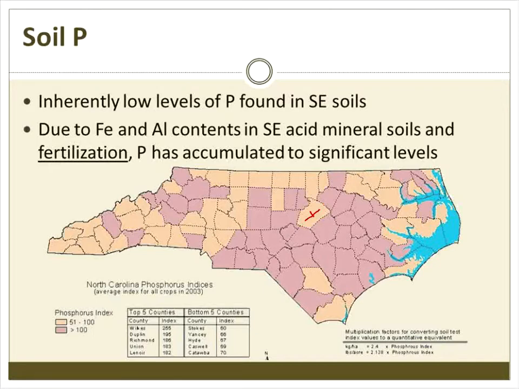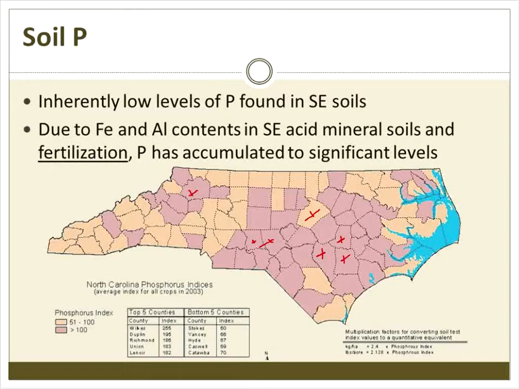If you look at some of the counties where we have a lot of animal agriculture, Sampson, Duplin, Wayne, Moore, Montgomery areas, up here Wilkes, we've had a lot of phosphorus go out in the manures, and so these soils in those counties are getting even higher levels of phosphorus built up in them.